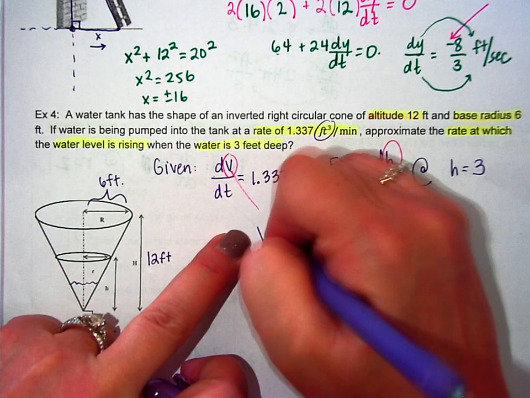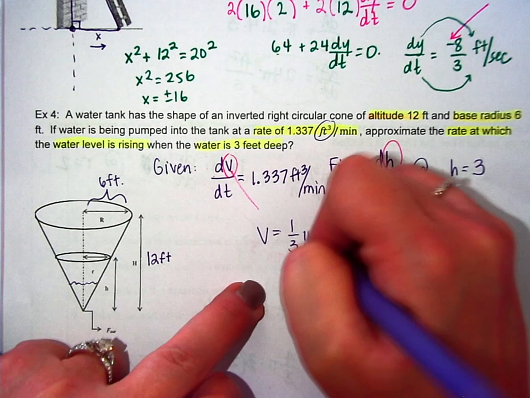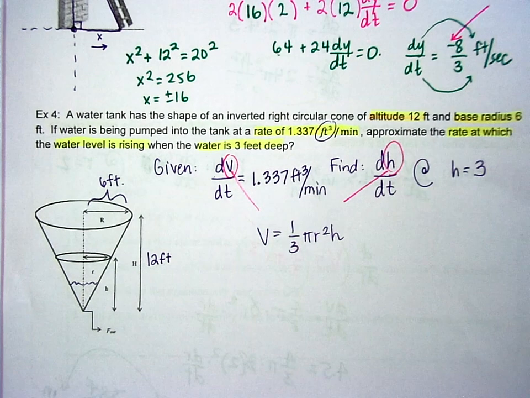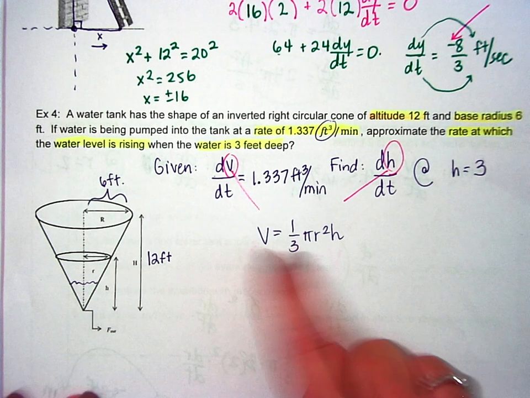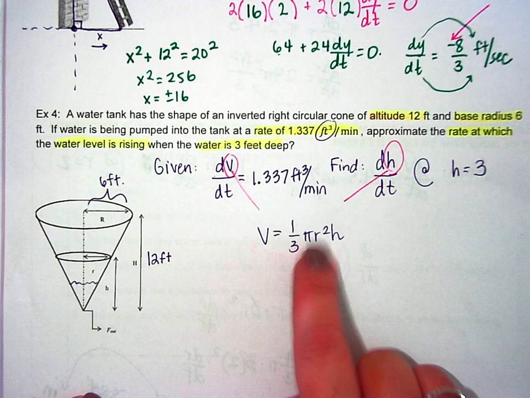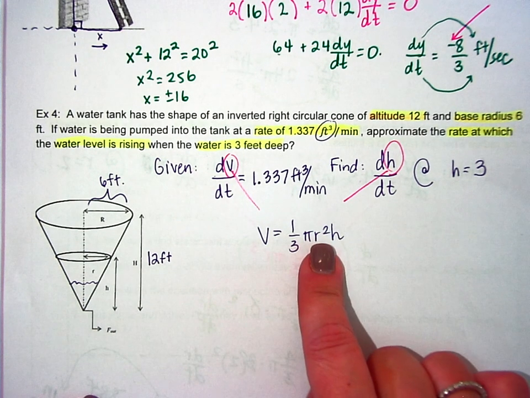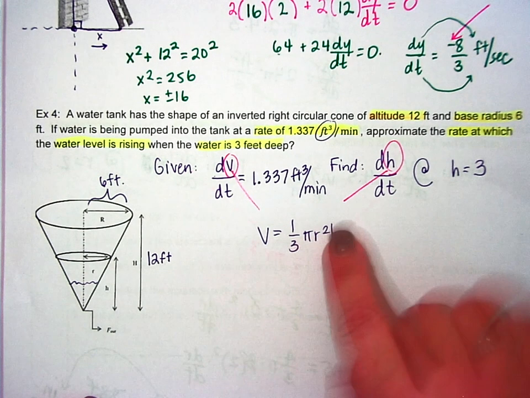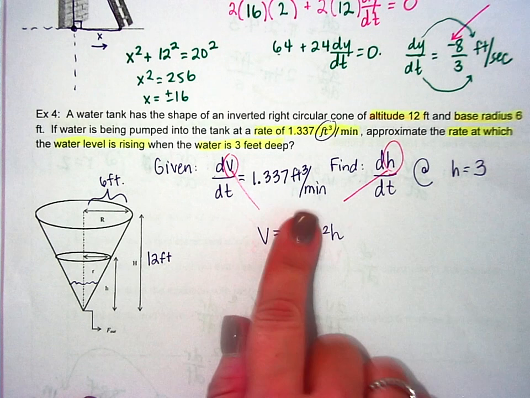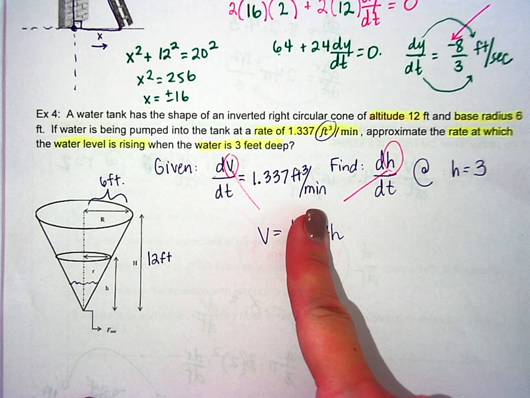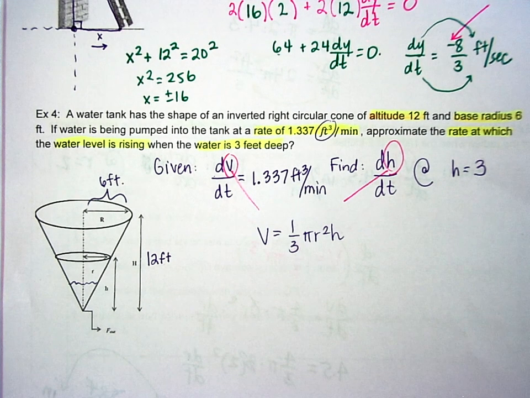You can maybe differentiate this with respect to time and use the product rule and treat 1/3 pi r squared as the first function and treat h as the second function. However, that's going to have a dr dt in it when you go to differentiate it, so we want to make sure that you only try to work with the variables that you see here, unless you can figure out dr dt by some other means.